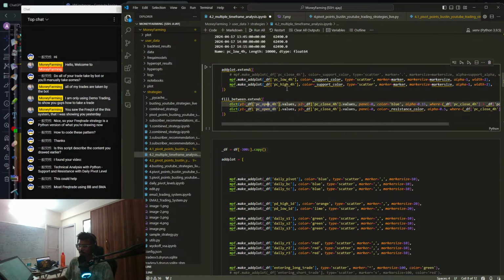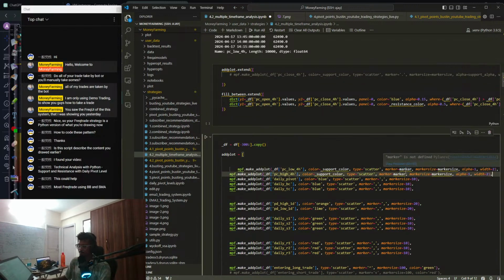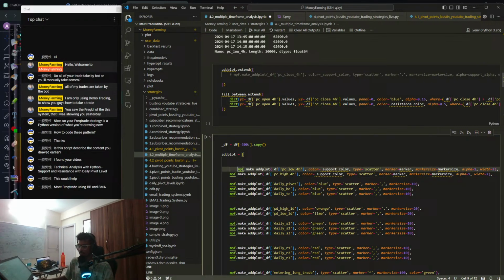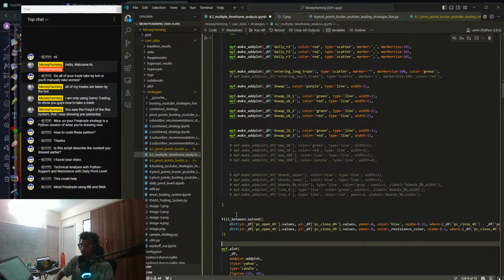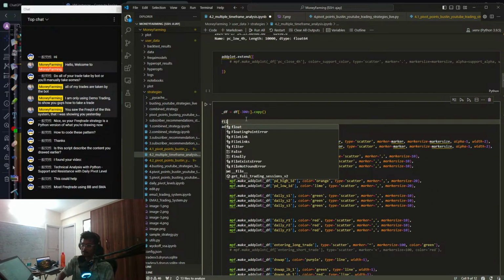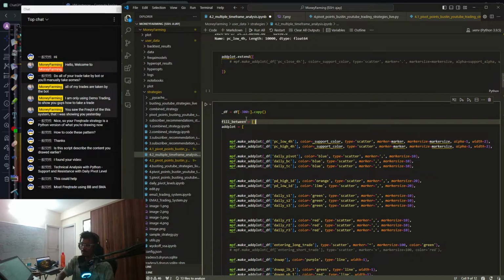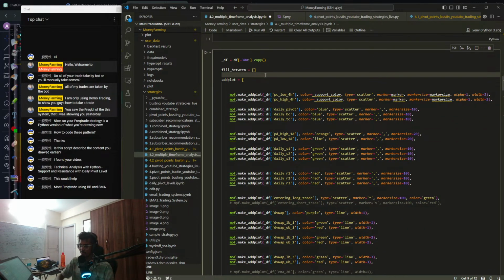Okay, so let's add this. And this is new stuff here, so fill between. What I have is, what have you coded with Bollinger Band and SMA?